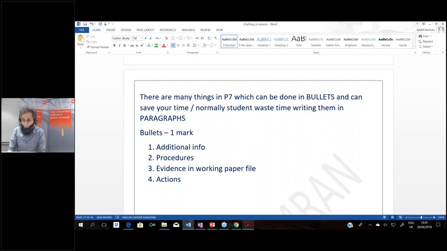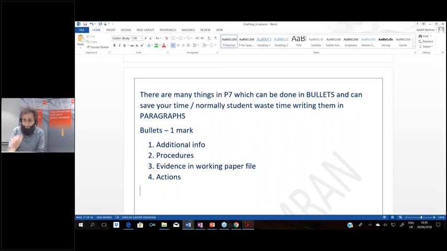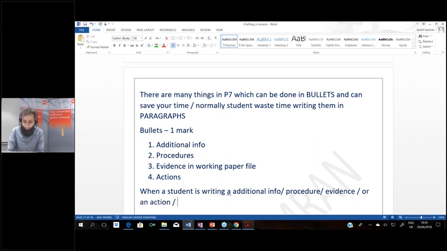Secondly, another very common mistake the student do is that most of the time when a student is writing additional information, or when a student is writing a procedure, or when a student is writing an evidence or an action, the student fail to identify why.